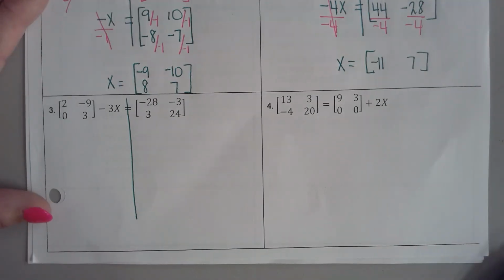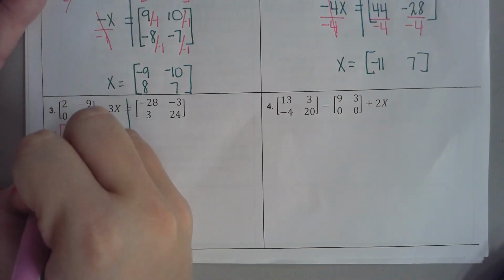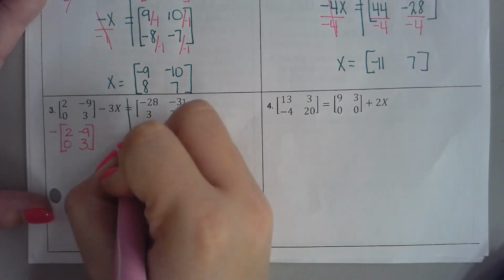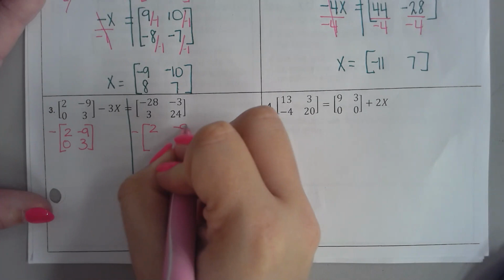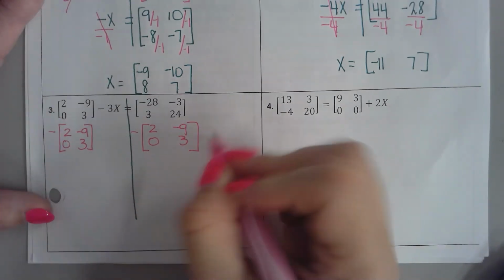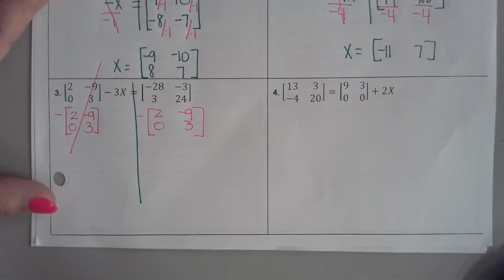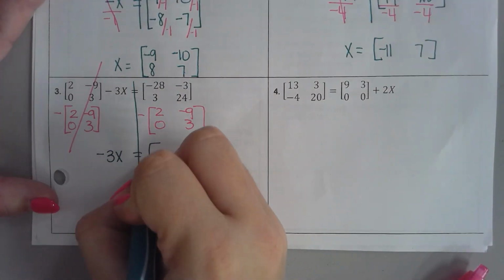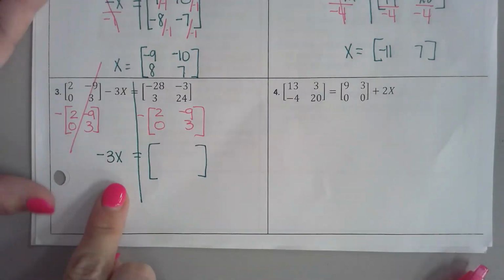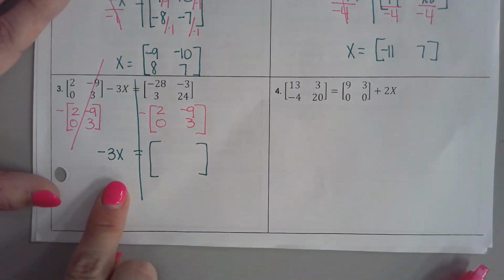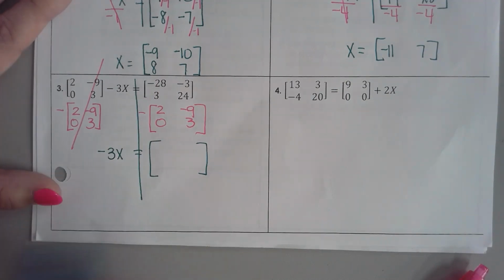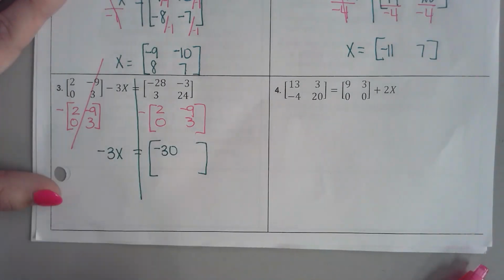What step should I do first? Subtract this left one. Those cancel. And I bring down my negative 3x. Negative 28 minus 2 is negative 30.